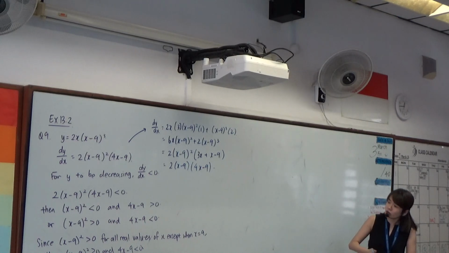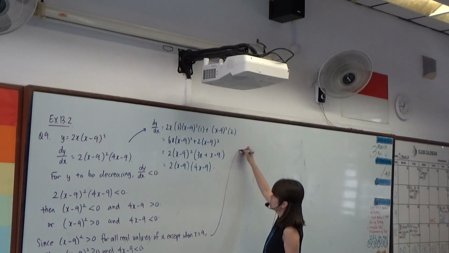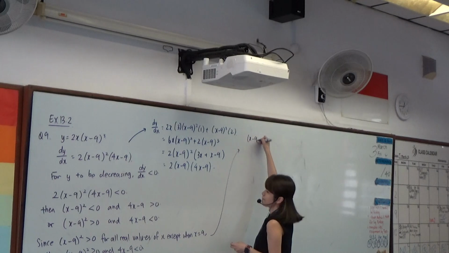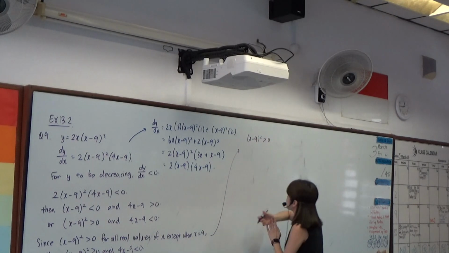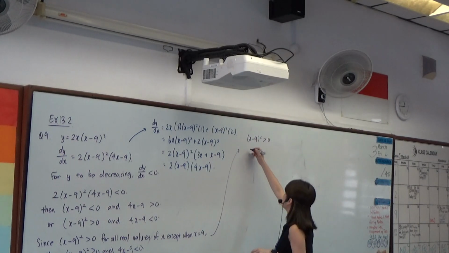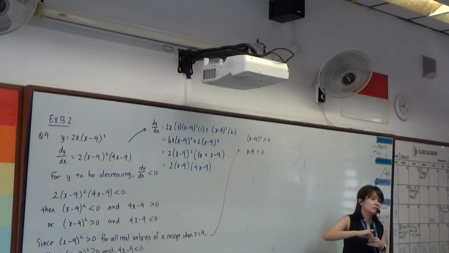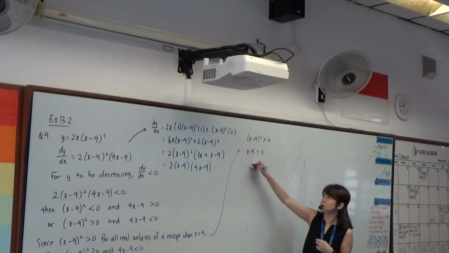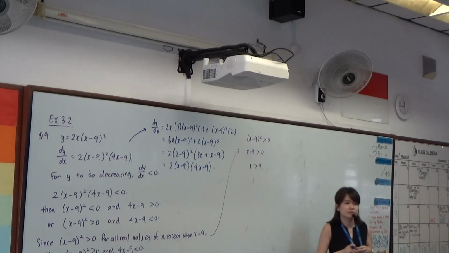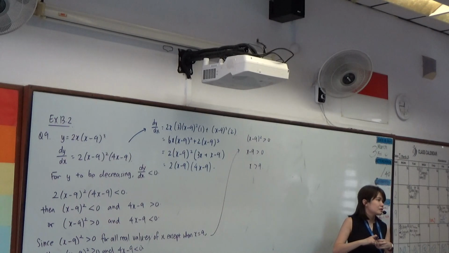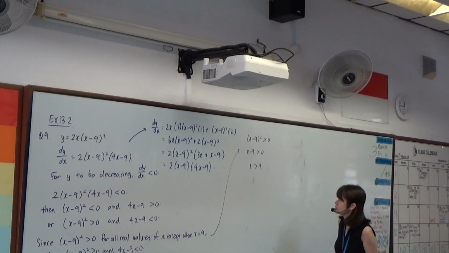Okay, then continuing. (x minus 9) squared more than 0, that will actually mean that my x minus 9 has to be more than 0. Is that true? And then x is more than 9. Then how should I do it?